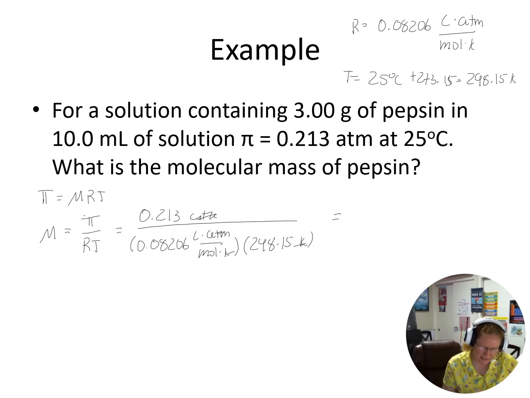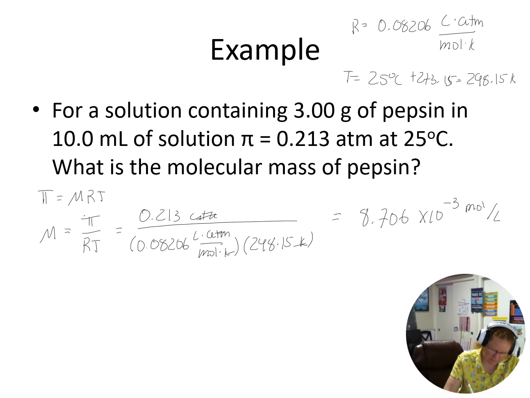So what we get is 8.706 times 10 to the negative third moles per liter. Okay? So far, so good? That's our concentration.